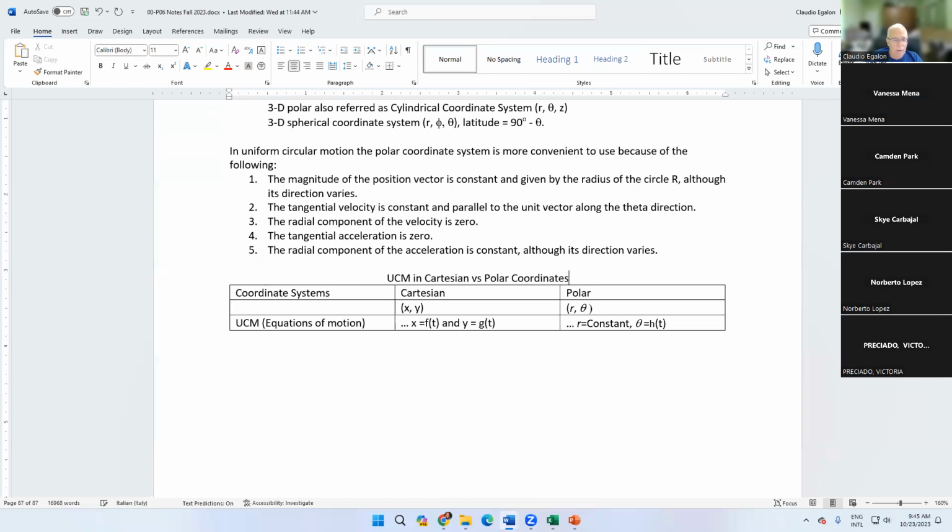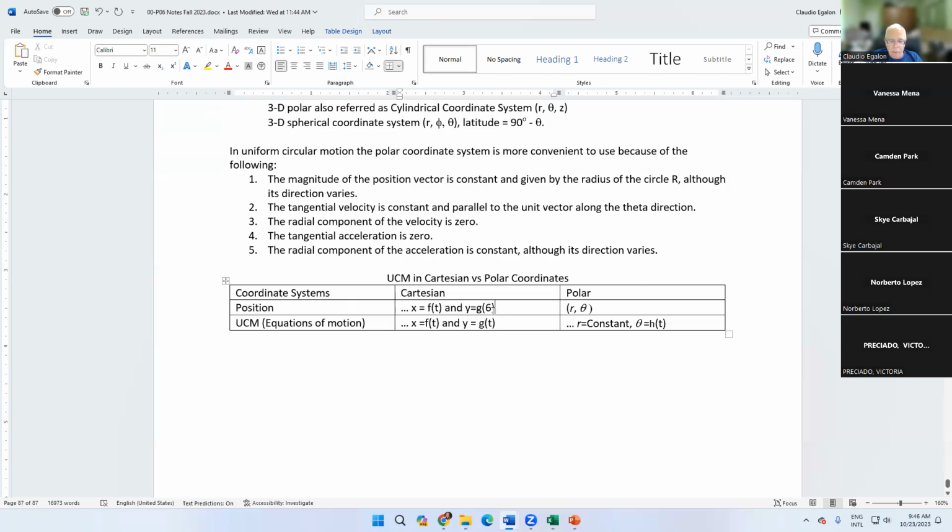Starting with Cartesian, position is described by the coordinates x and y. x is a function of time, f of t, and y equals g of t.